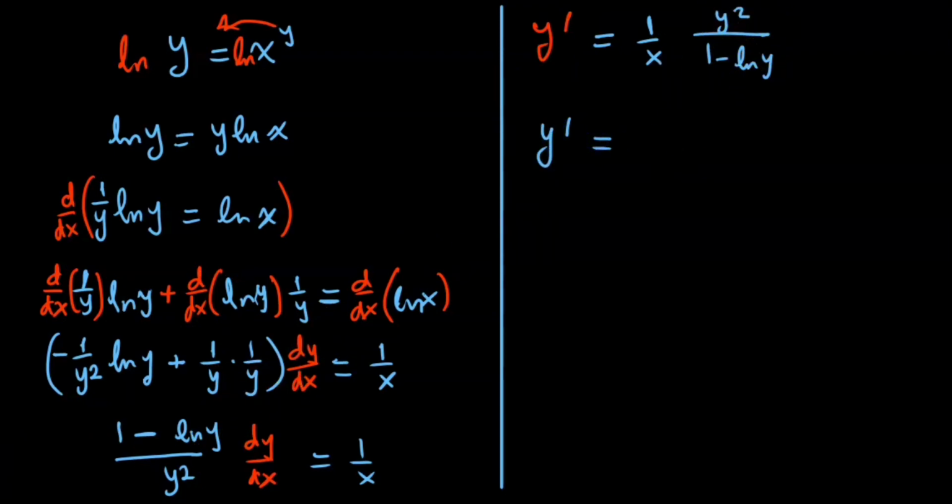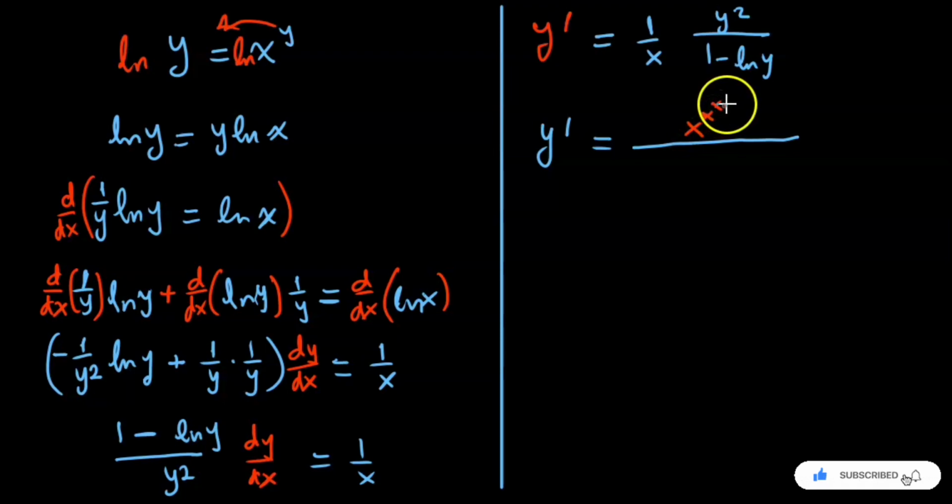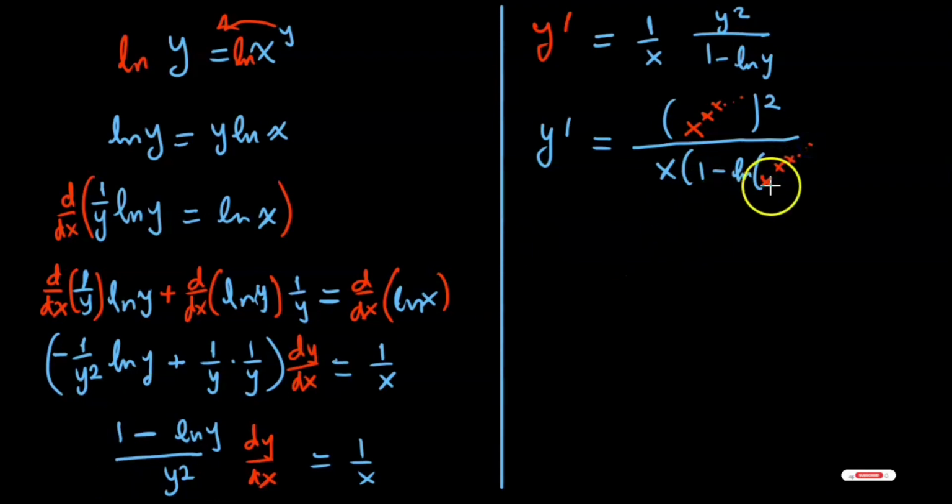Since y is x raised to the power of x raised to the power of x, and so on and so forth, I'm going to write y squared as x raised to the power of x raised to the power of x, and so on, but that has been squared because this is y squared. Then we divide it by x times 1 minus the natural logarithm of y. But again, y is x raised to the power of x raised to the power of x, and so on and so forth. Good. Okay, so we have that right there.